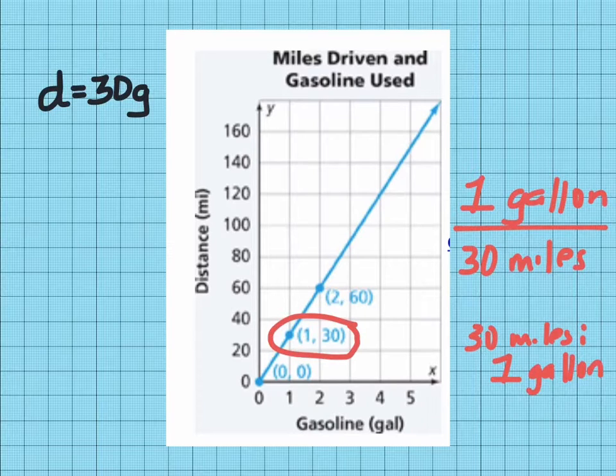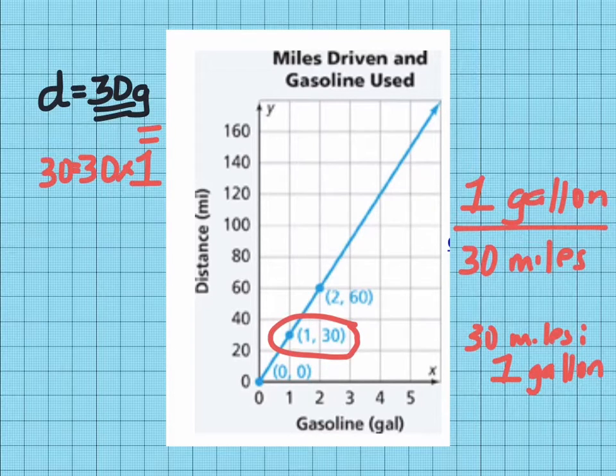The equation to go along with this would be D equals 30G. 30 is our constant of proportionality, so every time I use up 1 gallon of gasoline, I can go 30 miles. So 1 gallon multiplied by 30 would give me a distance of 30.